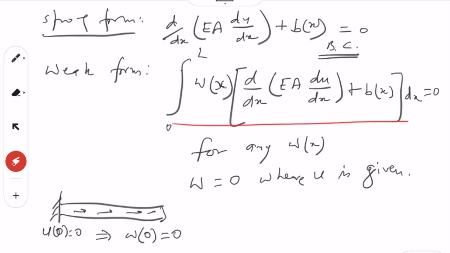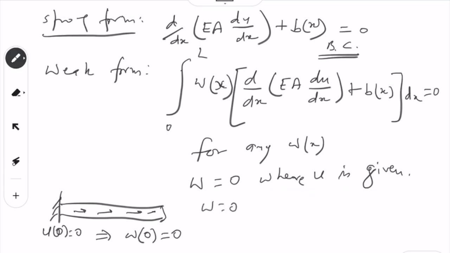This should be valid for any w x, however w is equal to 0 where u is given. Or we can write w equal to 0 at essential boundary condition. Okay. So, this is the weak form.